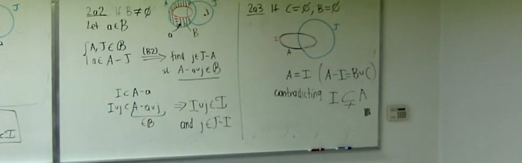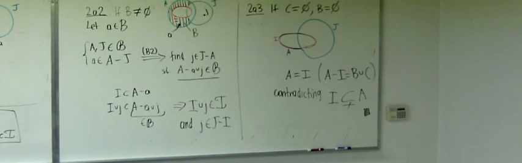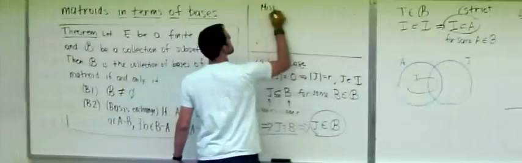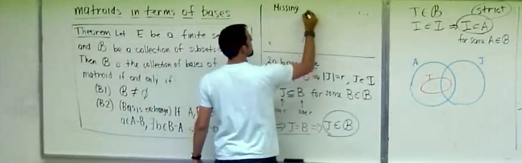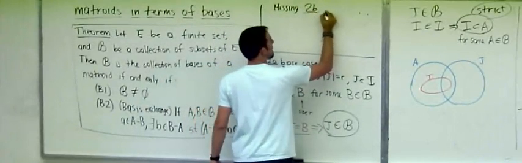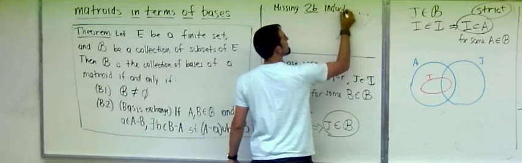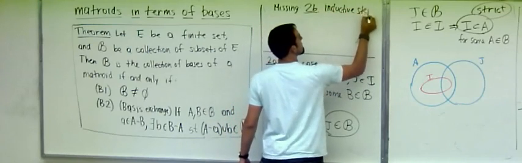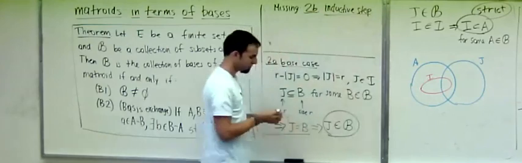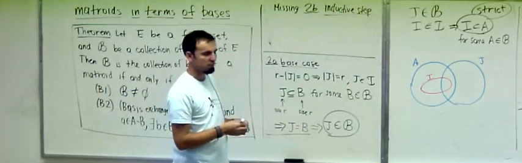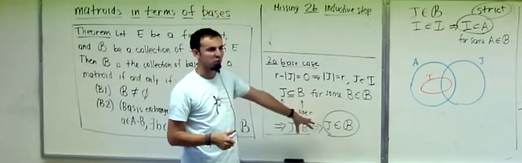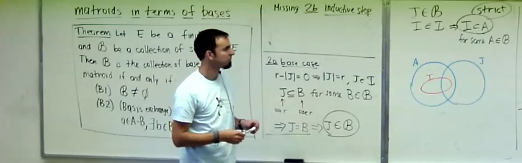I'm missing 2B, which is the inductive step. Which a little bit surprisingly, is actually shorter than the base case.